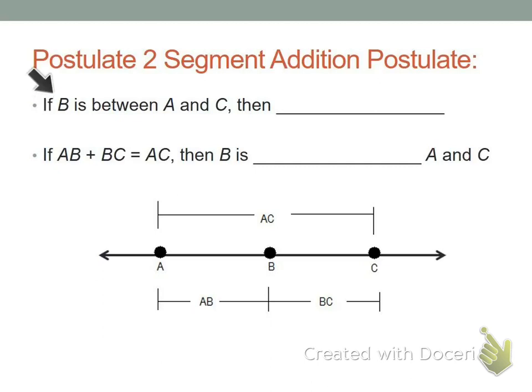If B, now remember that this capital letter is talking about a point, B, is between A and C. You can see that on the number line down here. B is in between points A and C. Then AB plus BC is equal to AC.